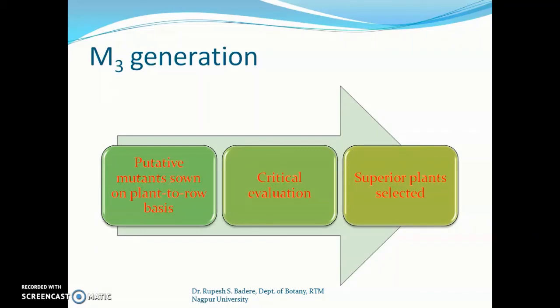Once you isolate the putative mutant, it is selfed as I have told you and harvested. The seeds of this mutant are sown in the next generation to raise M3 generation, again on plant to row basis. This population is critically evaluated, a ruthless selection is done, and only superior plants are selected, they are selfed and harvested individually.